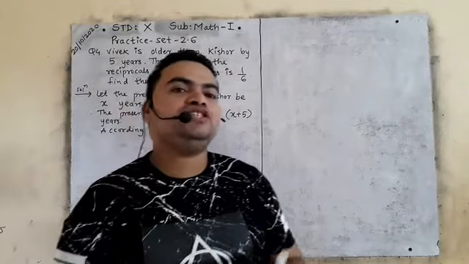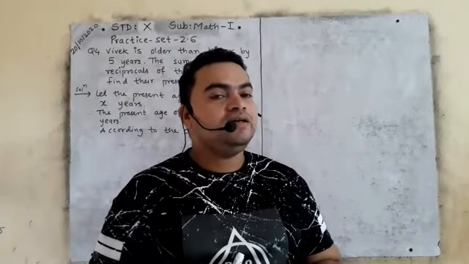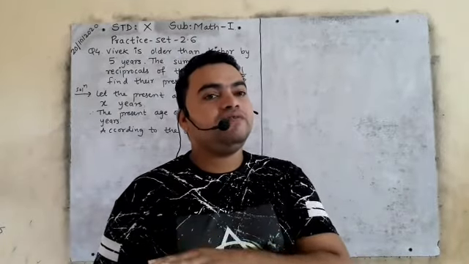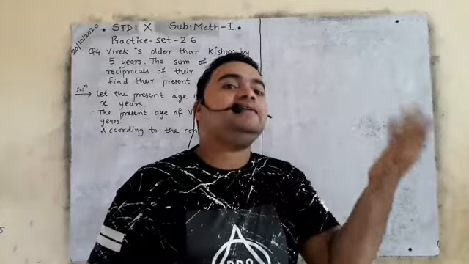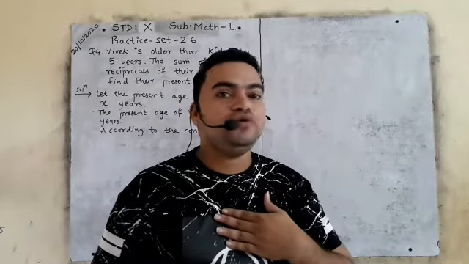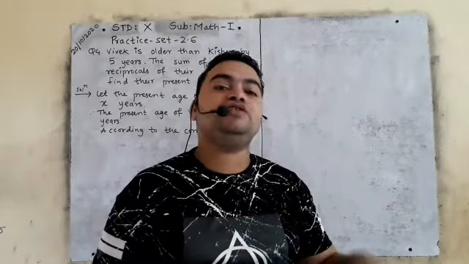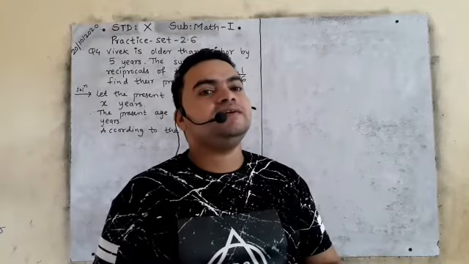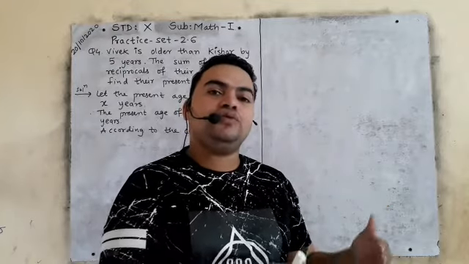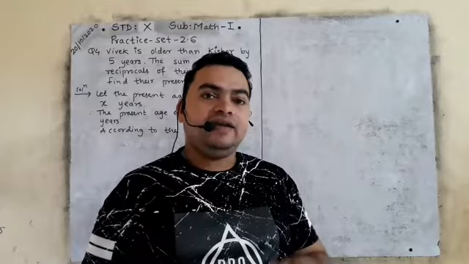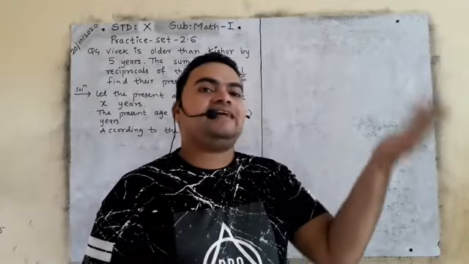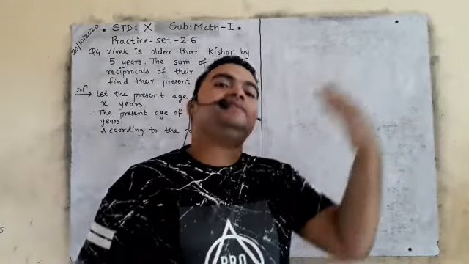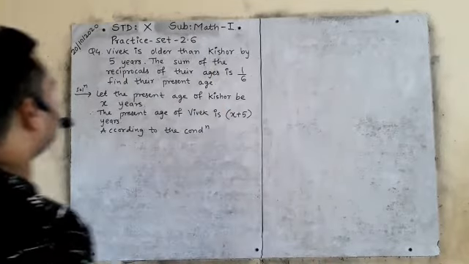We don't know the present age of Kishore, so we will consider the present age of Kishore to be x years, and Vivek, 5 years elder, means x plus 5.